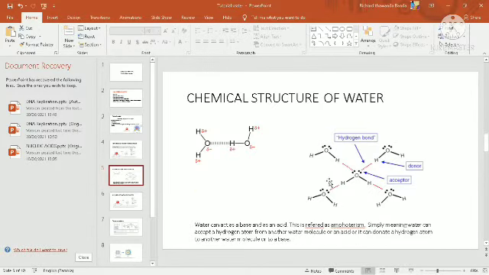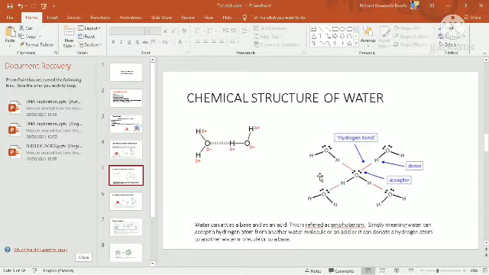This diagram here is trying to illustrate what is known as amphoterism. This simply means that the water molecule can, due to the lone pair of electrons on the oxygen, accept a hydrogen atom from a neighboring water molecule. So this hydrogen atom could bond to this water molecule, and this would make this water molecule here acidic, whereas this one here would become basic.